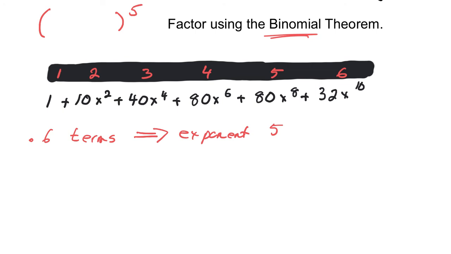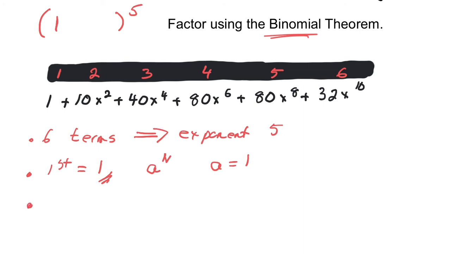So the first term is 1, and the first term would have to be a to the exponent of n. So if the value is 1, that means that a would have to equal 1, because 1 to the 5th is 1. So we have our first term looked after.